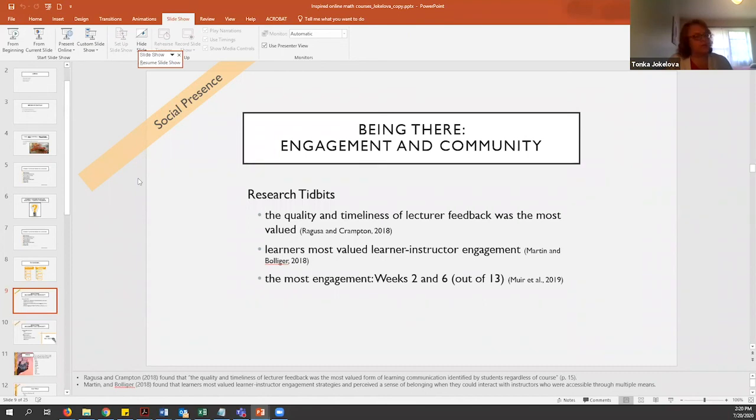And the last tidbit that I have here, which I thought was interesting, and my colleagues confirmed it when I asked around, is that of 13 weeks, students are most engaged in week 2 and in week 6, which is really unusual, especially for week 2. In my courses, engagement is very high in week 1.